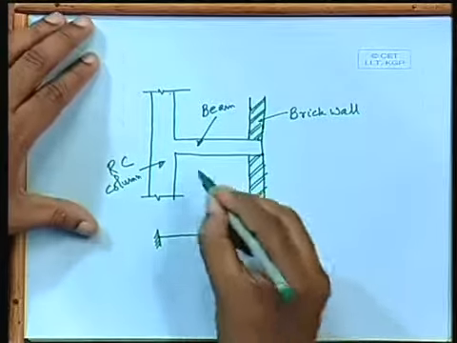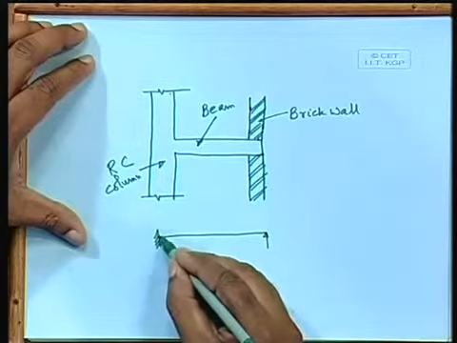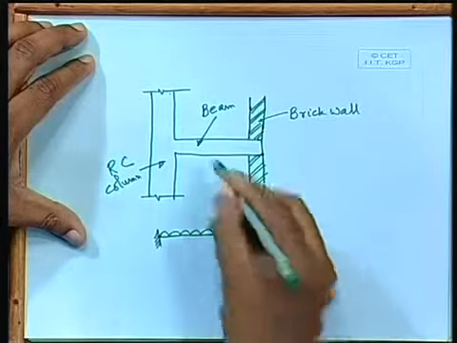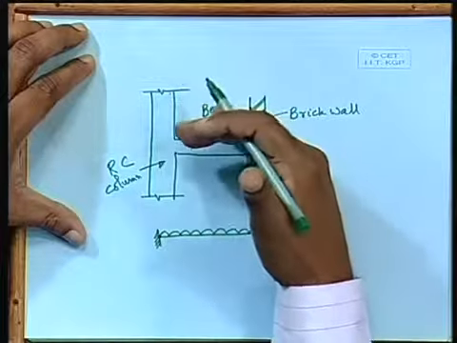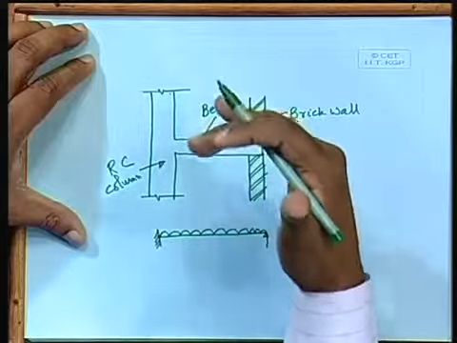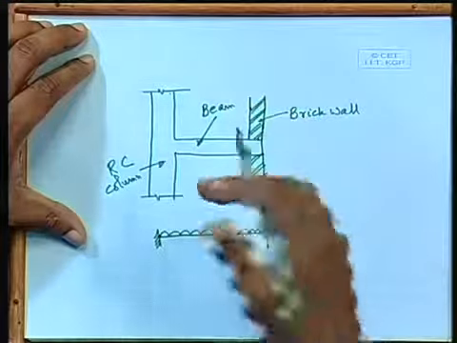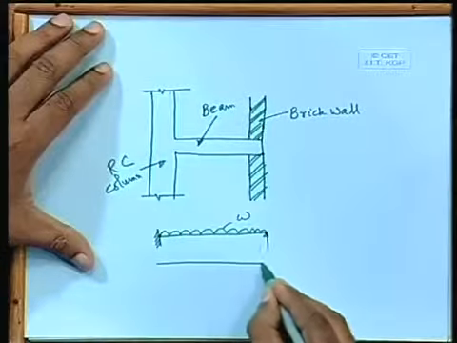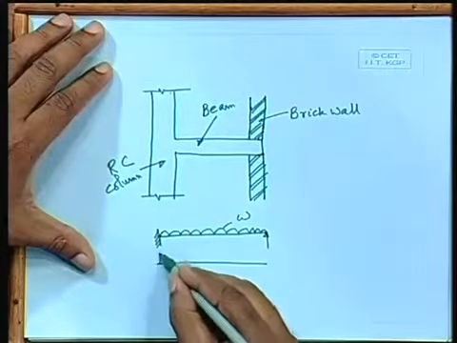And if we have say UDL, let us assume that we have UDL, it may come if there is live load as well as that brick wall, and that one we can consider as W. So we can find out the bending moment diagram.